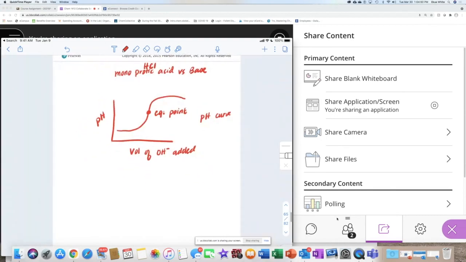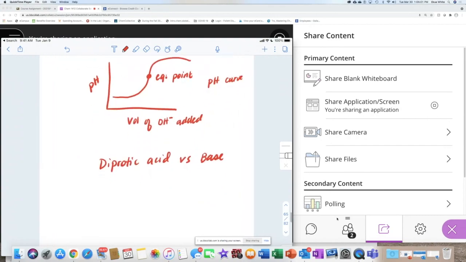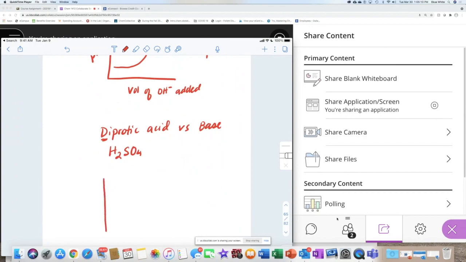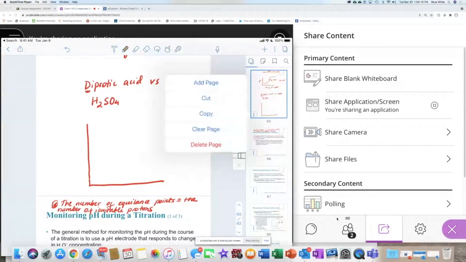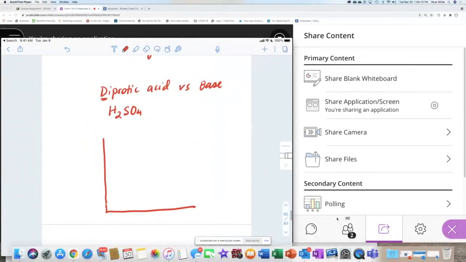Okay, next one. Diprotic acid versus base. What do we expect here? This is diprotic. So for example, H2SO4. How will this be different? I'm going to draw my graph so we can see the difference. Let me add another page. We've got two hydrogens to remove right now.